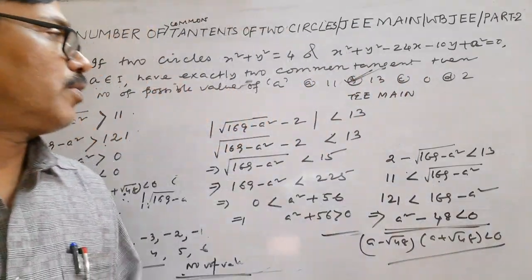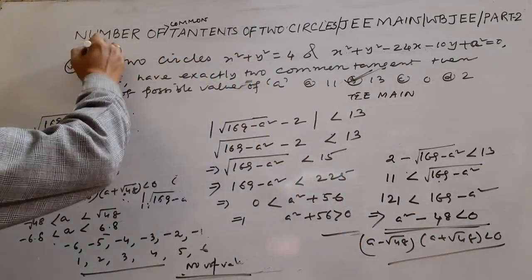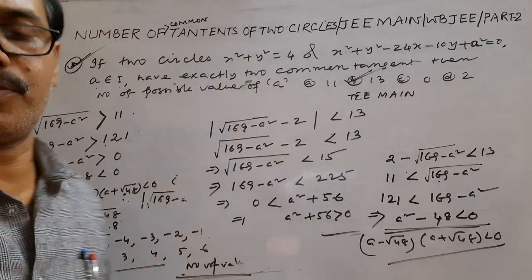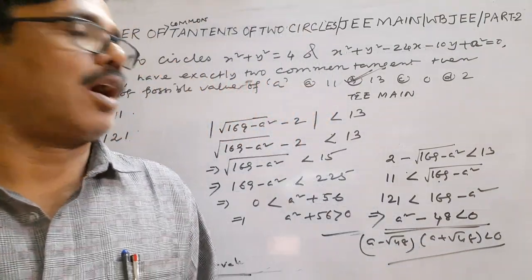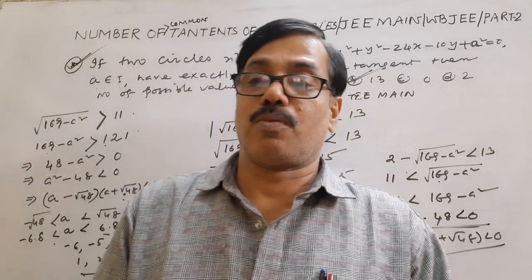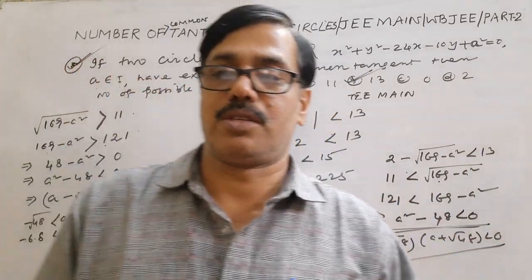So these problems are very simple problems. Today we have discussed how to find the number of common tangents of two circles.